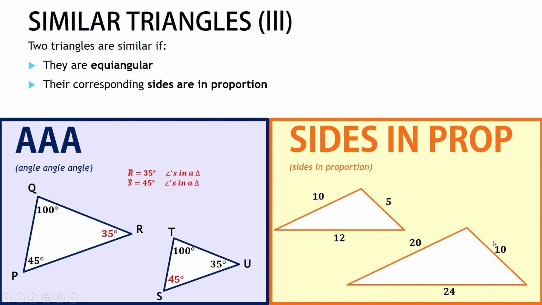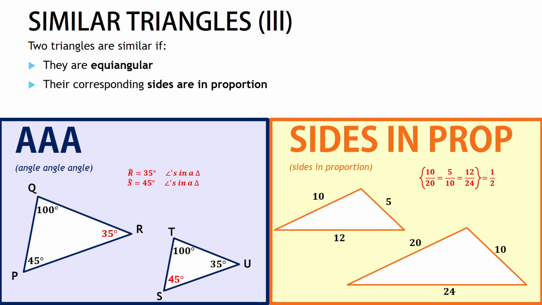So I'm going to write that as a fraction. Same thing here, I'm going to write the 10 and 20 as a fraction, and over here I'm going to write the 12 and 24 as a fraction. So that's what it looks like. So I've got 10 over 20, 5 over 10, 12 over 24, and all of those simplify to a half. So I can see that all the sides are in proportion.